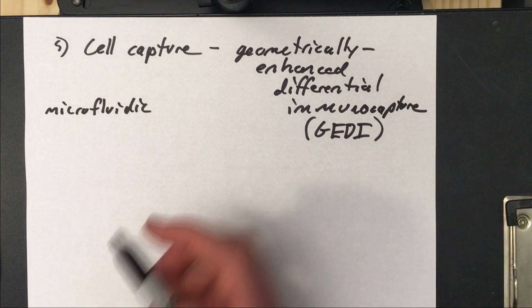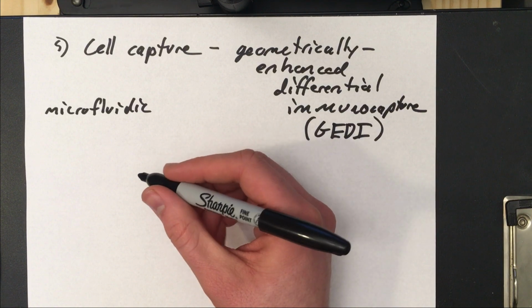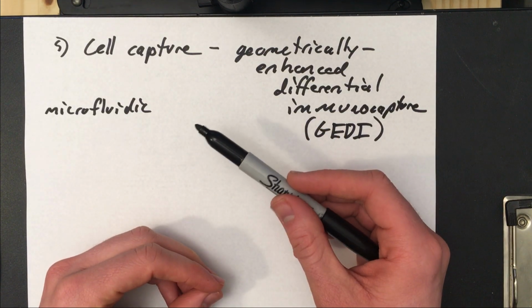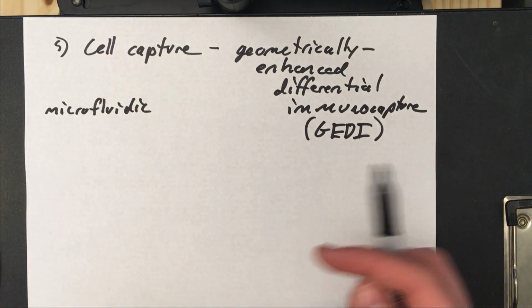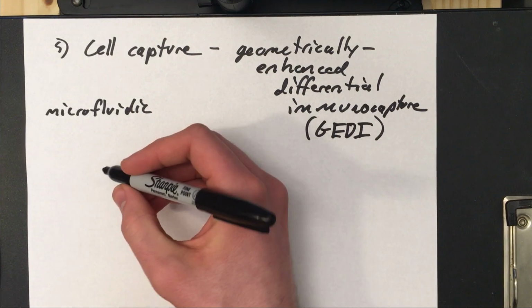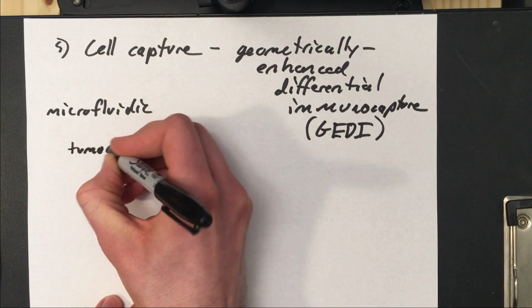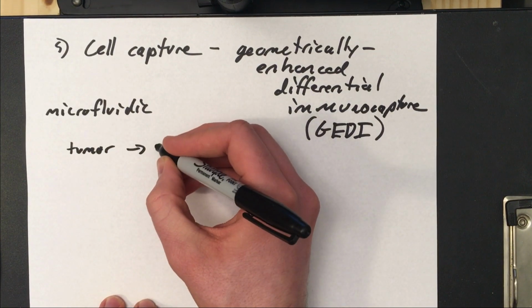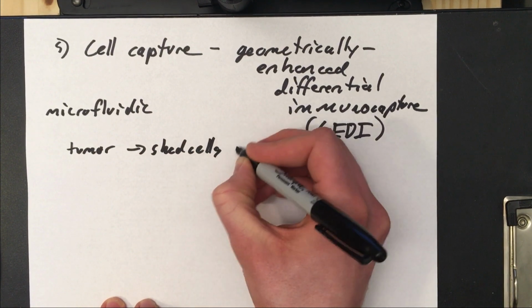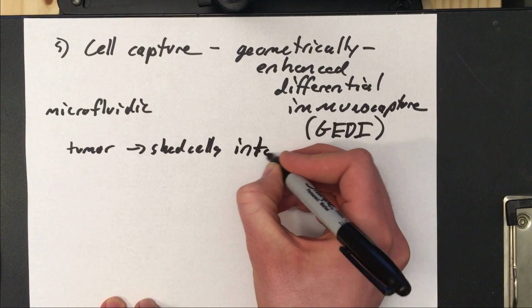If a patient has cancer, most epithelial or tumor-based cancers, not blood cancers, start with a tumor, and that tumor can shed cells into the bloodstream.